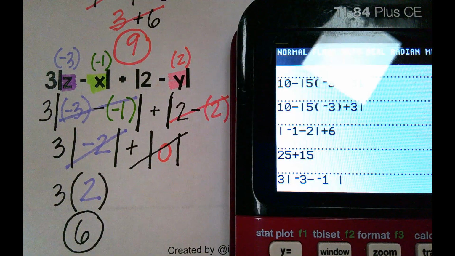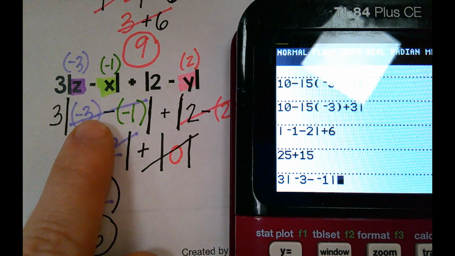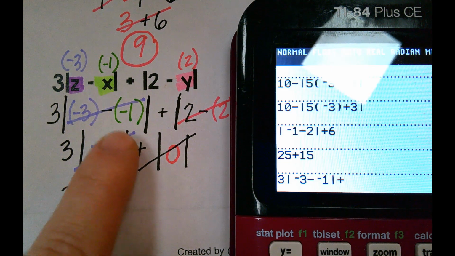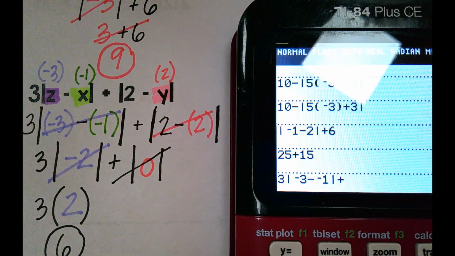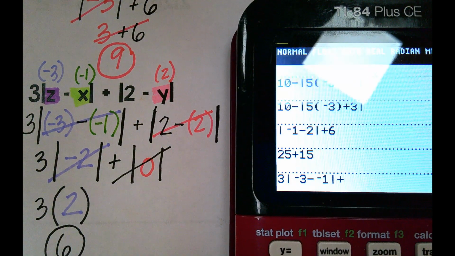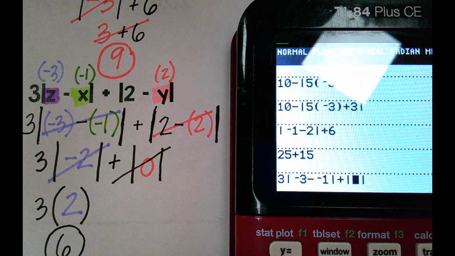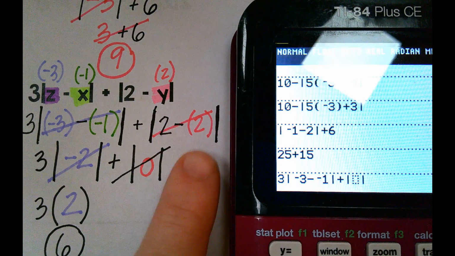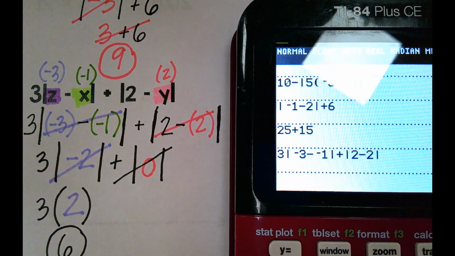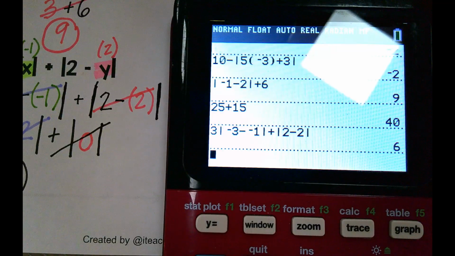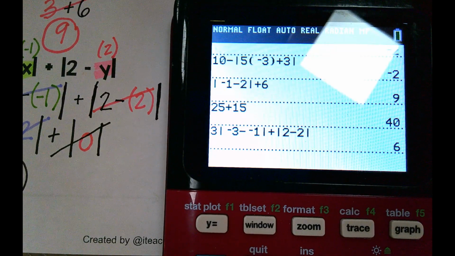What do I do next? Arrow out, and put plus. And then put your absolute value. Yeah, we got more absolute value bars. So math, number, absolute value. And inside of that, I have 2 minus 2. Arrow out, and I'll hit enter. And sure enough, we got the right answer, 6. It works.